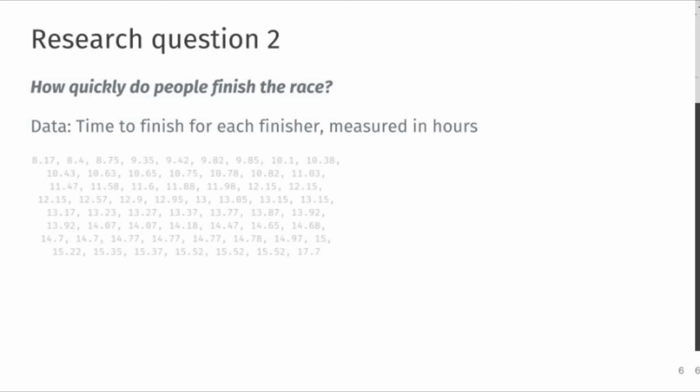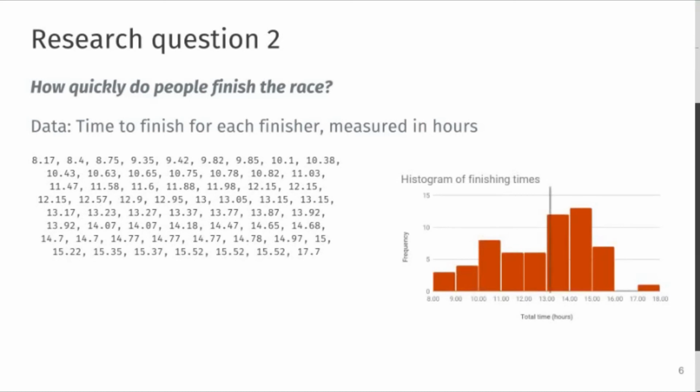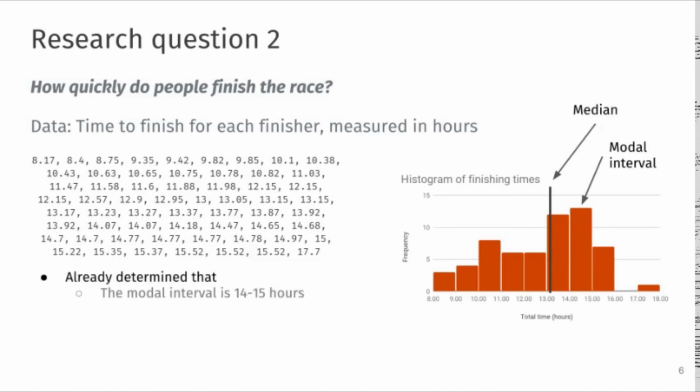To remind everyone, what we have are these data, which are time to finish for each finisher as measured in hours. Last time we found that the modal interval, in other words, the range of times that were most common for people finishing, was between 14 and 15 hours.